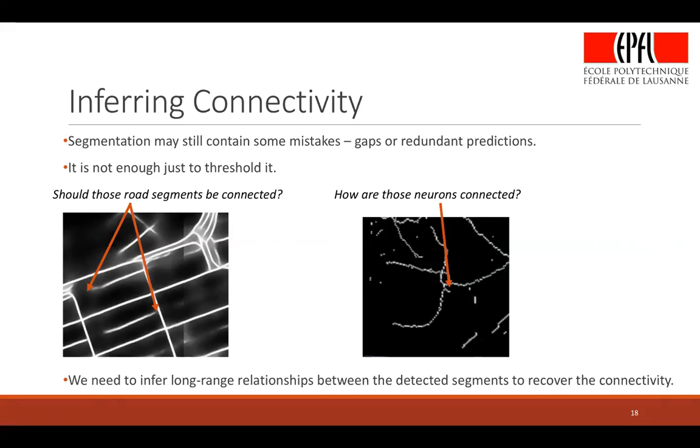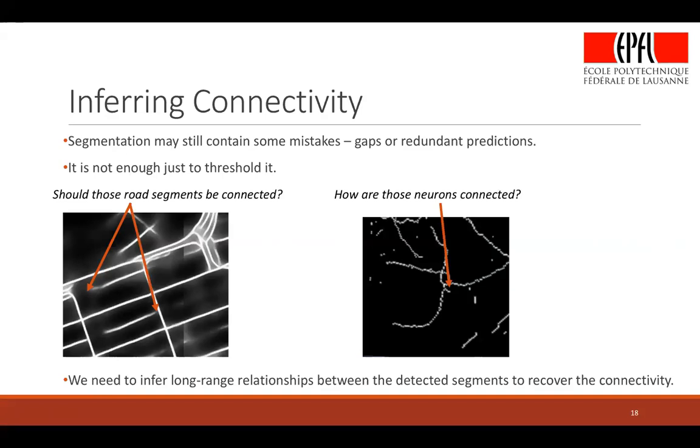For example, on the left, you can see that there are some gaps in the prediction. Maybe there's no road indeed, or maybe it's just occluded by trees. On the right, on the other hand, it's a skeleton of neurons that we detected. What happens very often in that case is that there are two neurons very close to each other in space, and sometimes the two separate branches in the prediction get merged into one.